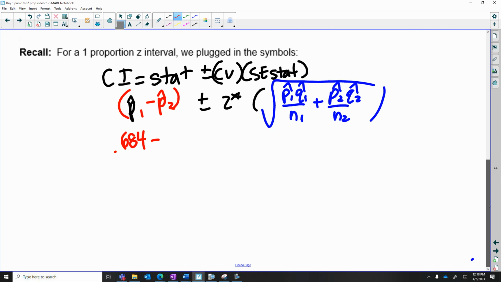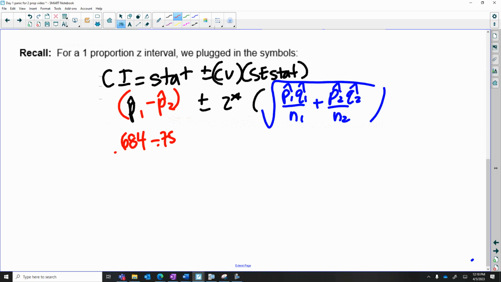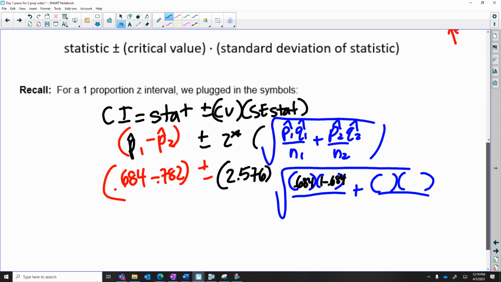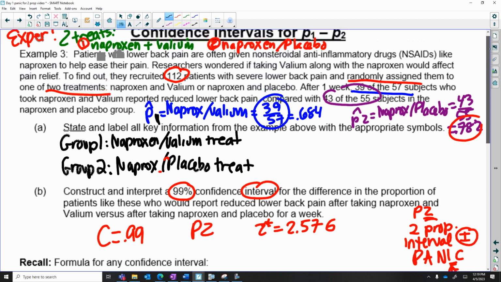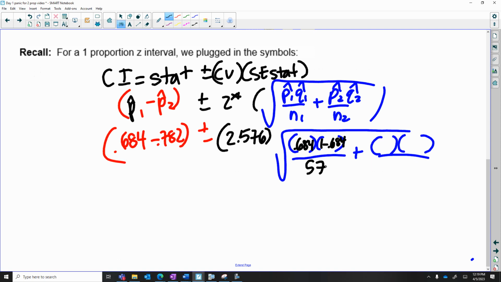That's your P hat 1 minus P hat 2, your statistic, plus or minus the critical value 2.576, your Z star, times the square root of 0.684 times 1 minus 0.684 over N1, which was 57, plus 0.782 times 1 minus 0.782 over 55.